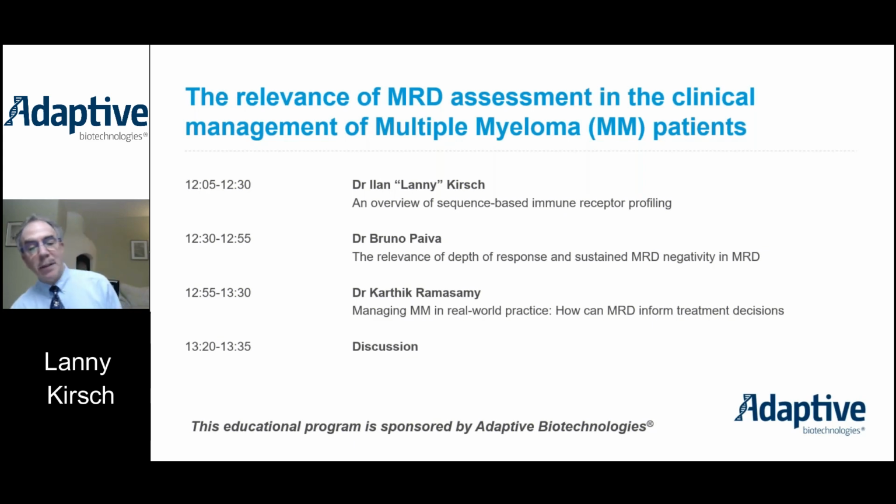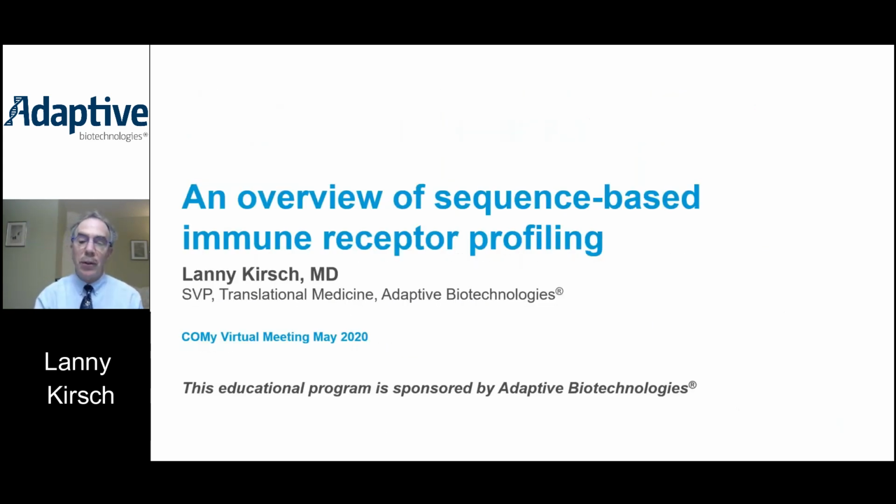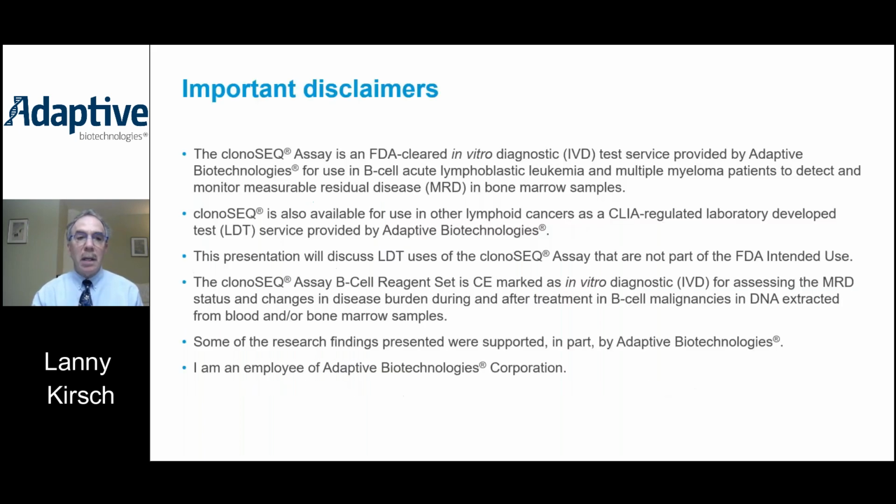It's a pleasure to be able to speak with you today in this virtual session on MRD and myeloma. Again, I'm Lanny Kirsch, Senior Vice President of Translational Medicine at Adaptive Biotechnologies. Adaptive has developed a next generation nucleotide sequencing platform that has been FDA cleared for determination of MRD from the bone marrow of patients with acute lymphoblastic leukemia and multiple myeloma, and is CE marked for use in lymphoid malignancies.